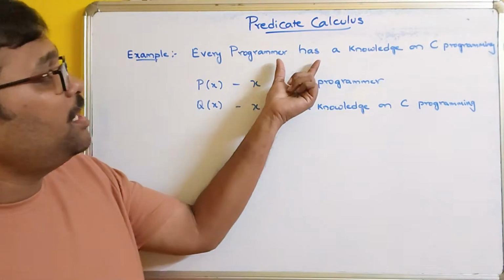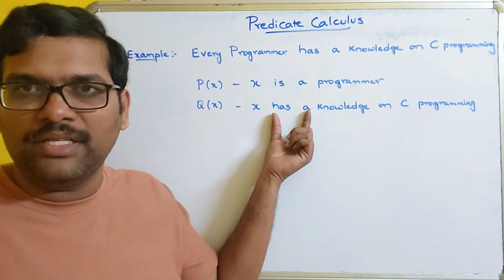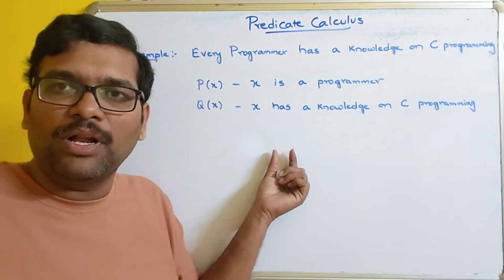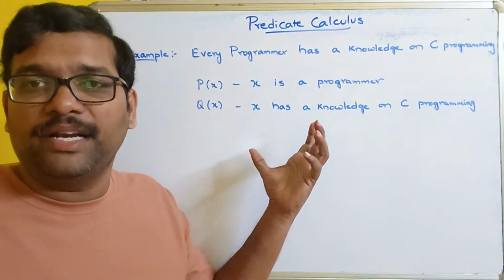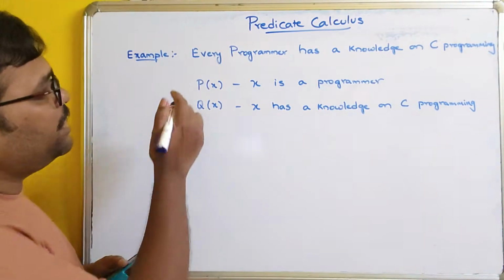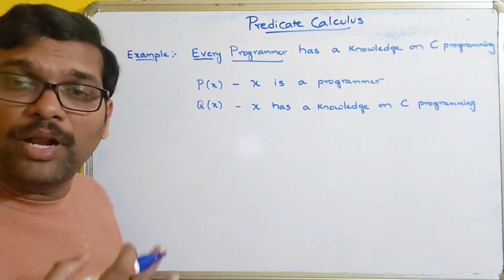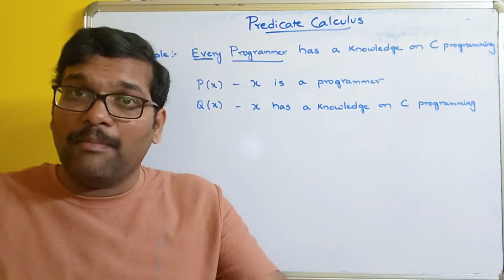So from this statement, we have identified the predicates P of X and Q of X. And now how can we represent this with quantifiers? That means how can we give the scope for these predicates? So in this statement, you can see every programmer, that means here X is a programmer, that means every programmer.